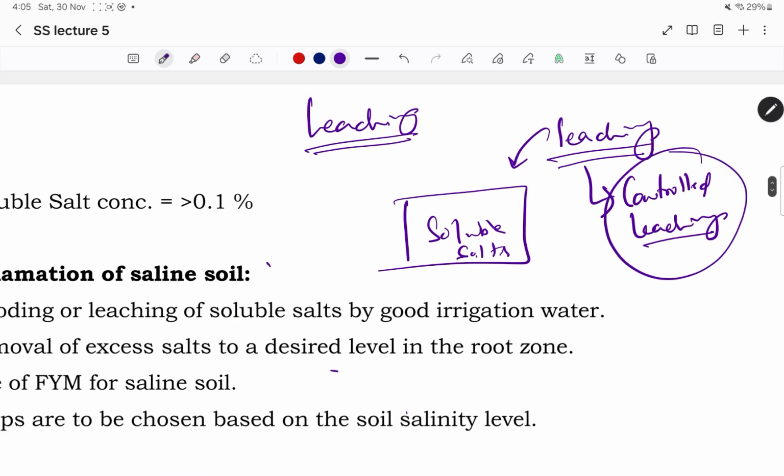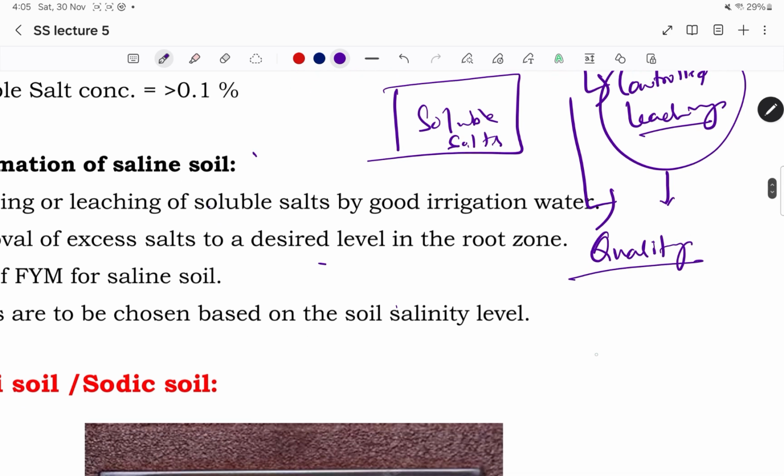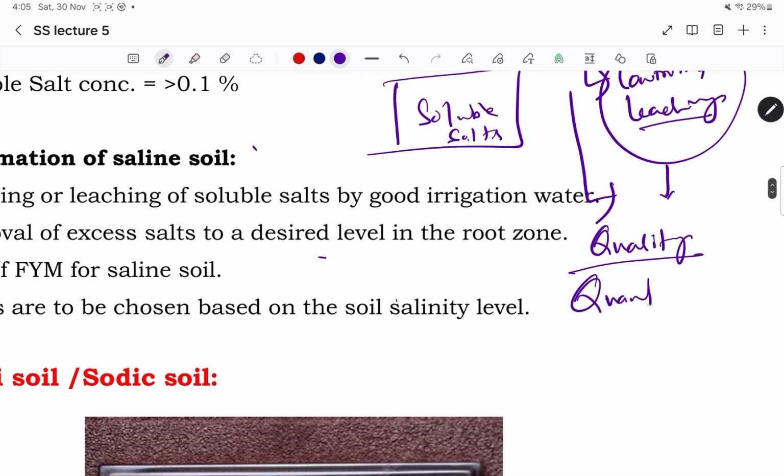So that's why we have to follow the controlled leaching process. The things to consider for controlled leaching are which quality of water we are using, the quantity of water, and the drainage facility. We have to consider these things while leaching.